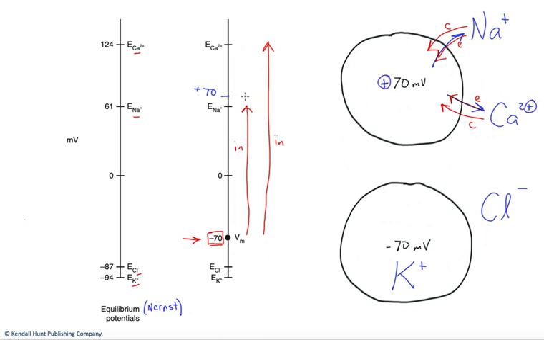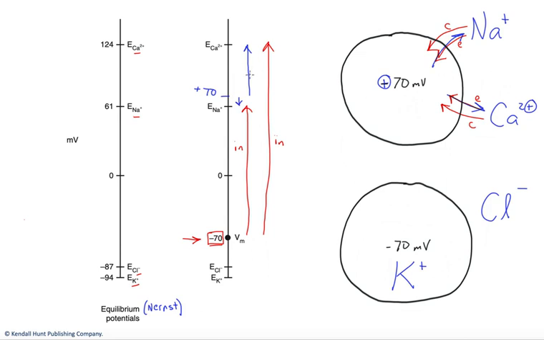So now if we look at sodium, we could say, okay, sodium is going to drive us more negatively from that 70 millivolt membrane potential, whereas calcium would still drive us more positively. Calcium is still fairly easy, because it's a positive ion.